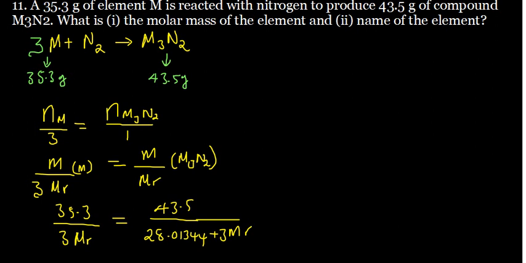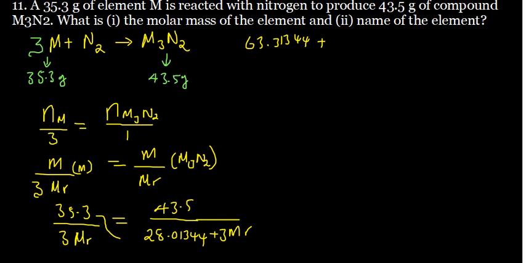So from here I can do a cross multiplication. So I can multiply 35.3 by this value, 28.01344 multiplied by 35.3. That is going to give us 63.31344. And then the same 35.3 multiplied by now 3 molar mass.